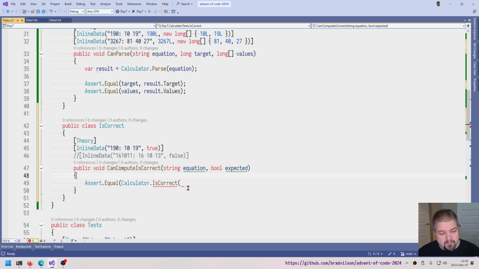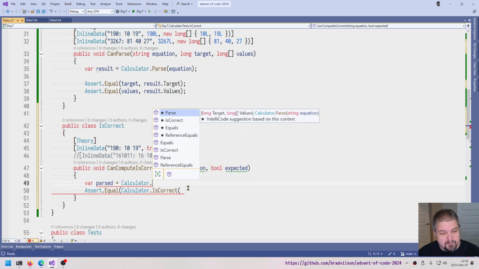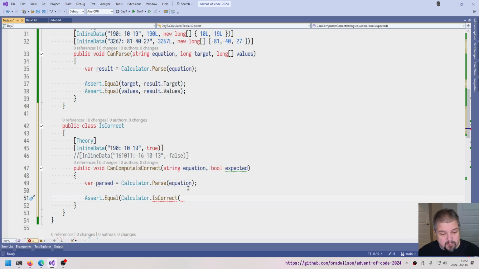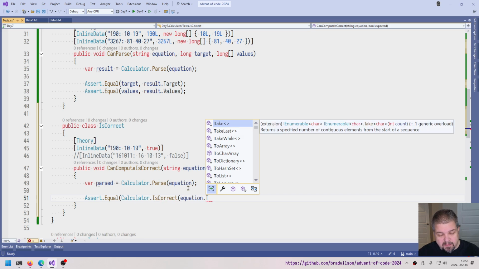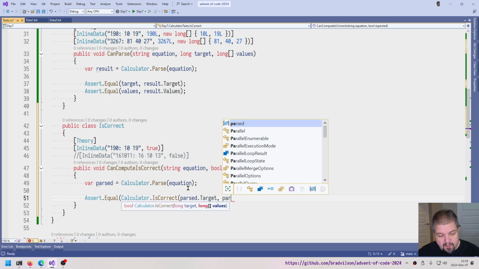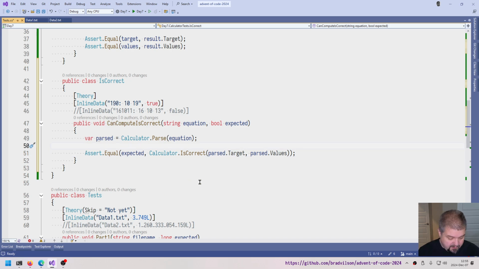Oh, sorry, for parsed is calculator parse the equation, right? And then we want to make sure that the parsed target and the parsed values are exactly what we expected, right? So we expect this to be that. Okay. We should run this.